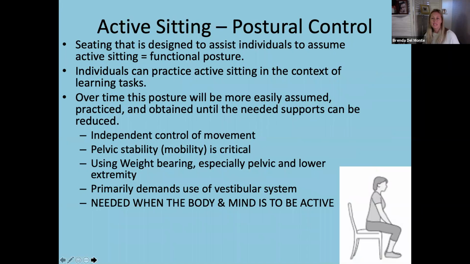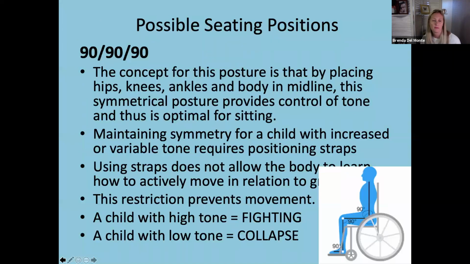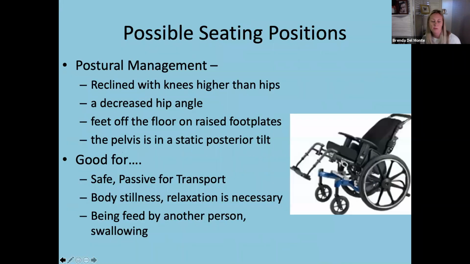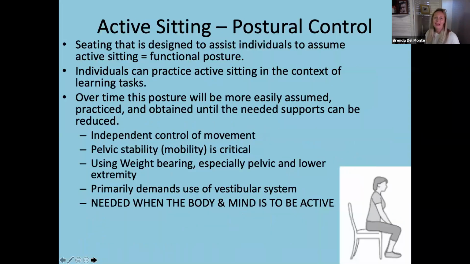So active seating is postural control. There's postural management, which is passive, and active sitting is postural control. So that sitting is designed to make the students be more alert.